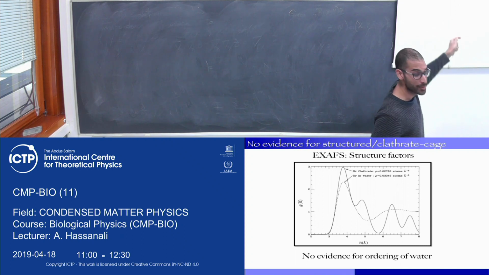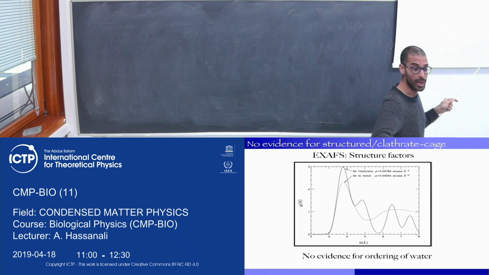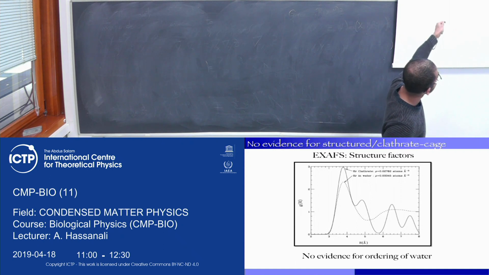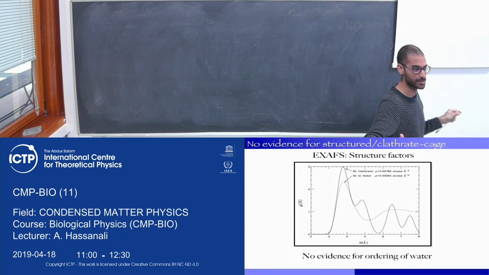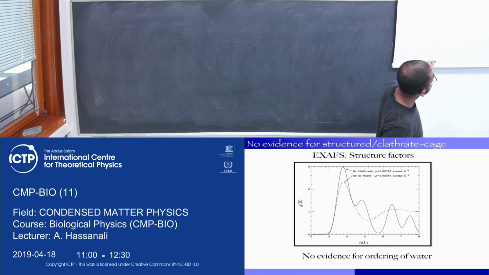Krypton in a clathrate is really more like an iceberg. And you see, krypton in the clathrate has much more structure. It looks more ice-like. And then they do the same experiment of krypton in water, at ambient temperatures, and you see that there's a big difference between this structure factor and this structure factor.